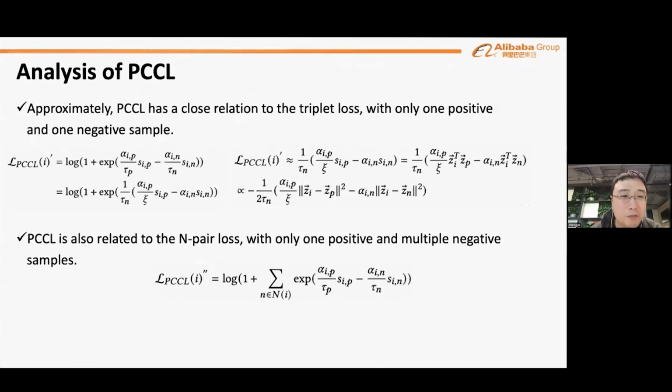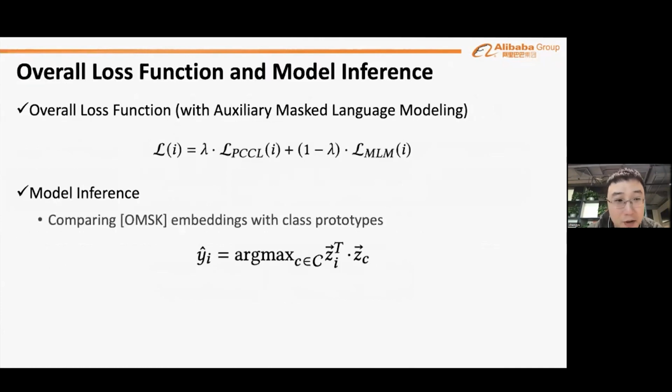Our loss is an extension to previous work. If you're interested, you can check the proof and analysis in the paper. Finally, our loss function is the combination of the contrastive loss, PCCL loss, and the auxiliary masked language modeling loss. It's a linear combination with the coefficient called lambda.